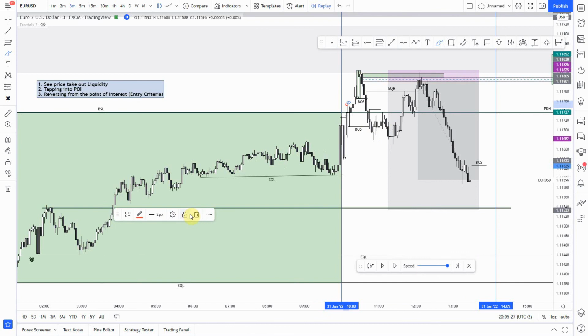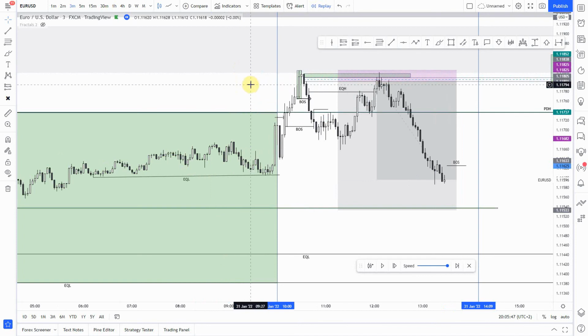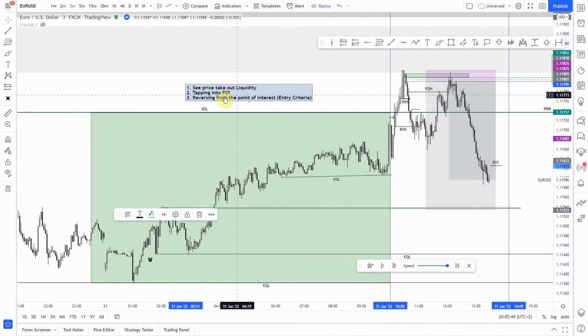Okay, so we'll talk in detail as to why I did not look for any entry here, but in general, price was not in the point of interest. So this is something to know. Even though liquidity was taken out by this move, price had not reached the point of interest. So you want to see price take out liquidity, tapping into your point of interest.